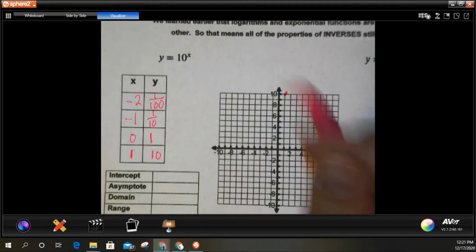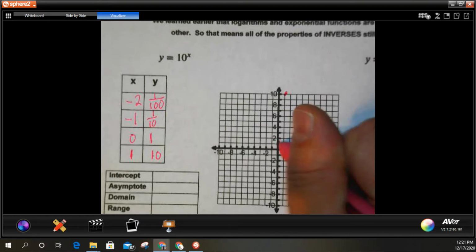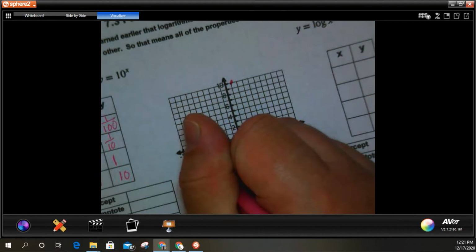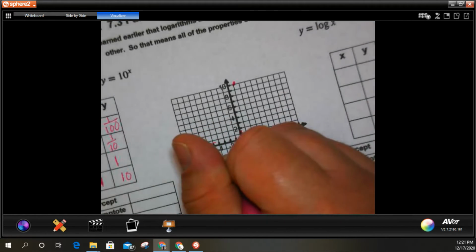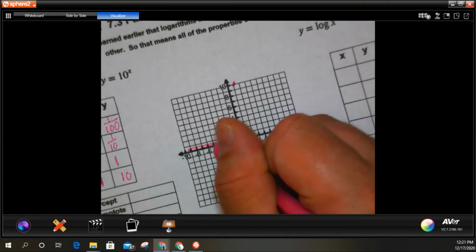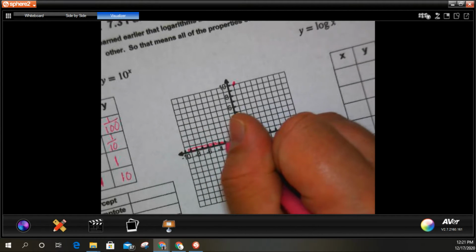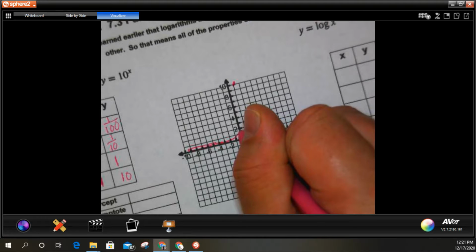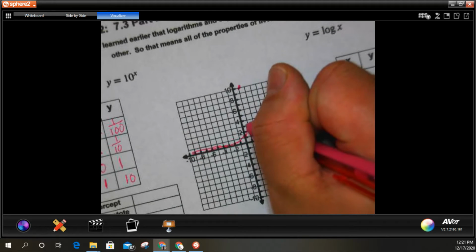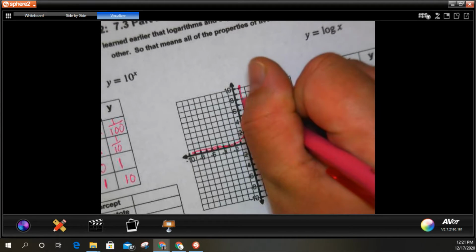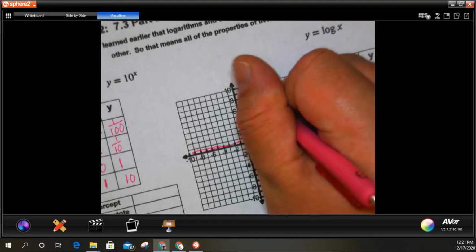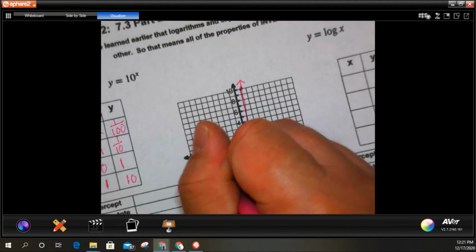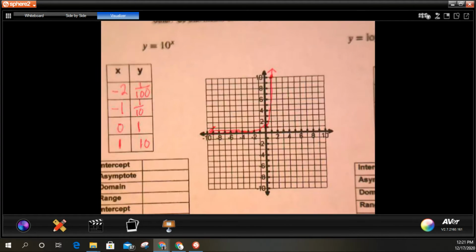So my exponential function is going to hug the x-axis and then go up exponentially when I hit positive numbers. So there's my graph of 10 to the x.